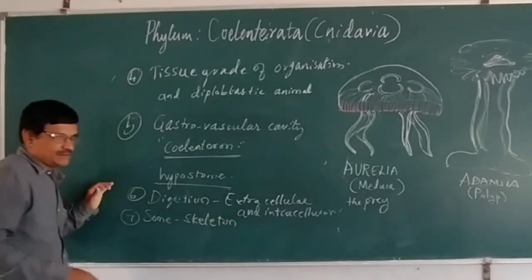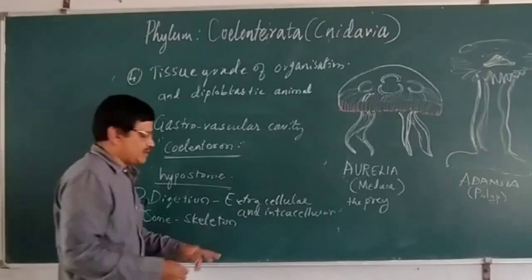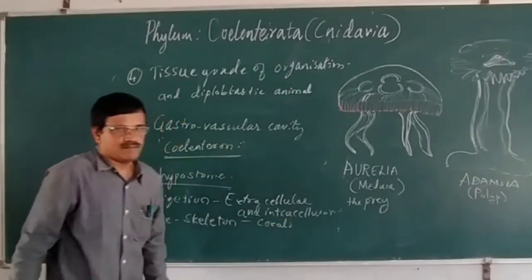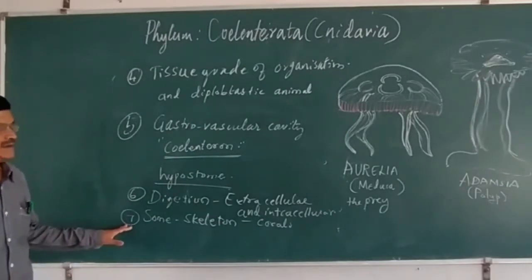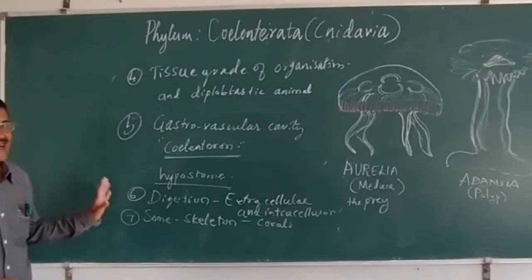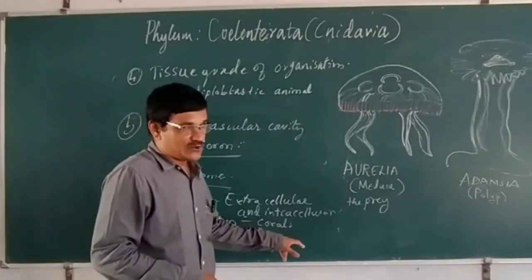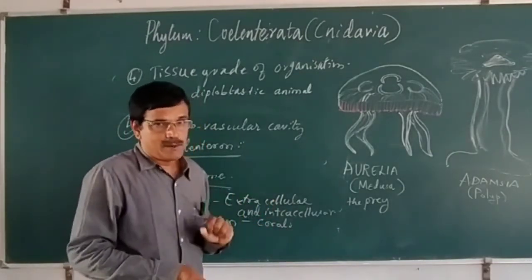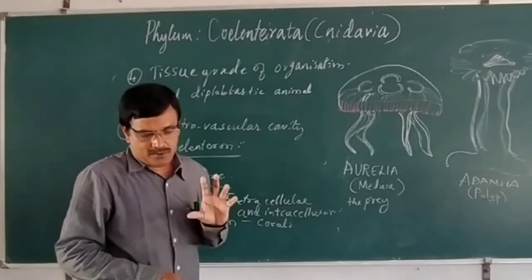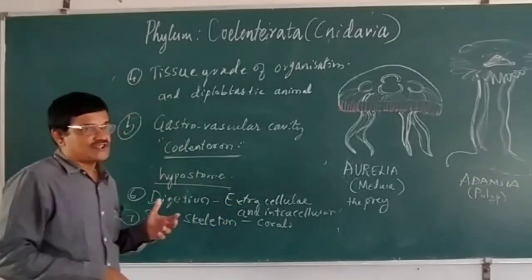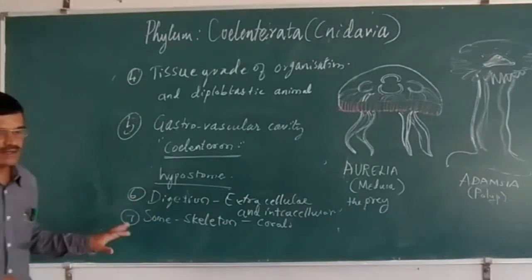Hard skeleton known as corals. Some of the cnidarians exist in the form of corals. Corals means the body is hard due to the presence of a skeleton composed of calcium carbonate.